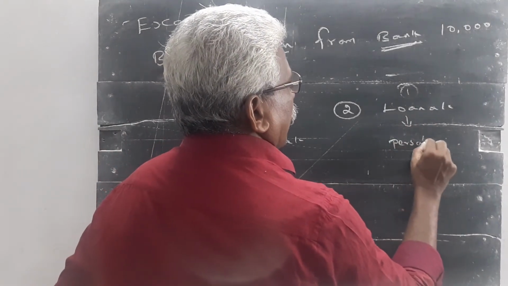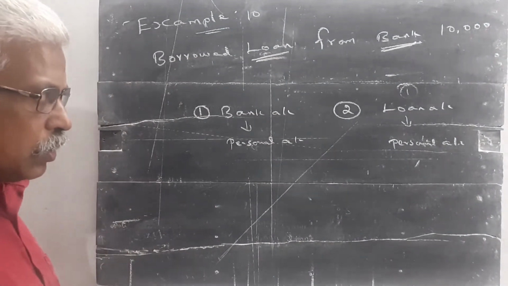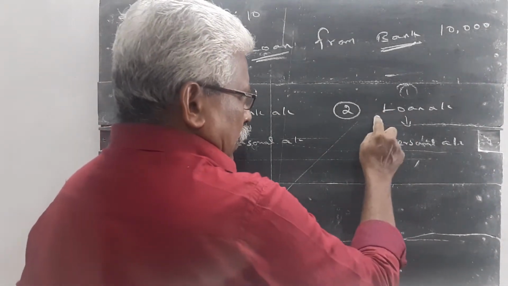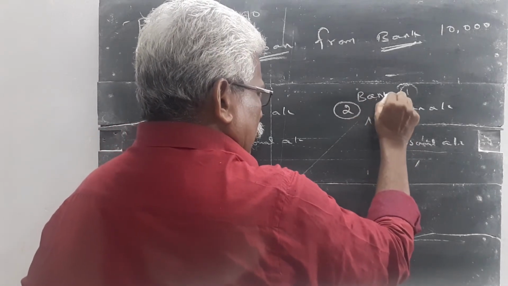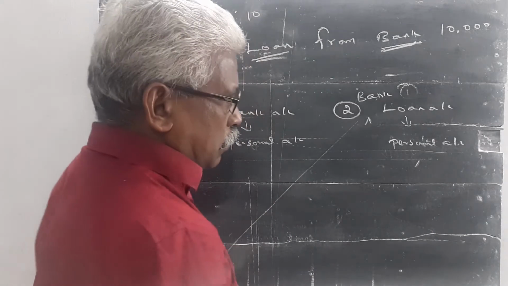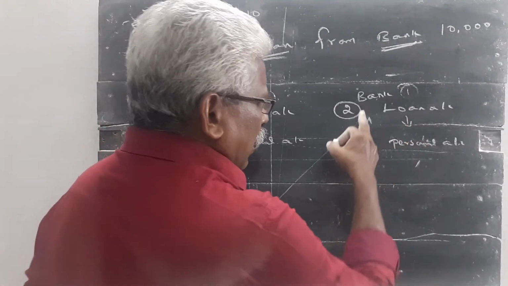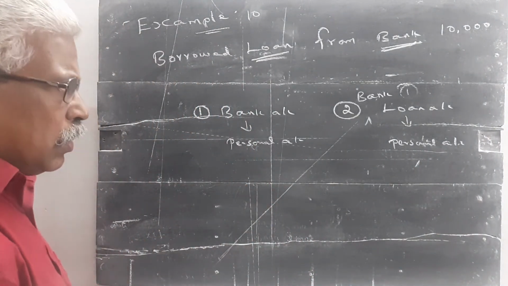Listen here, both are personal accounts. Here, the banker is the giver of this loan, so instead of writing loan, we can add one more word: bank loan account. Bank is a personal account, and the bank loan account is also a personal account.